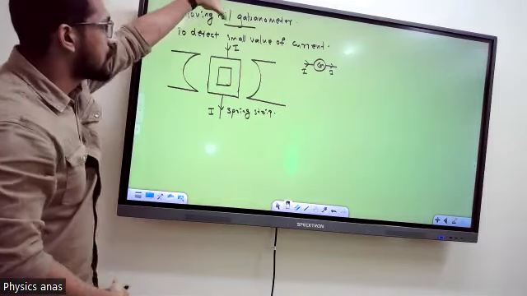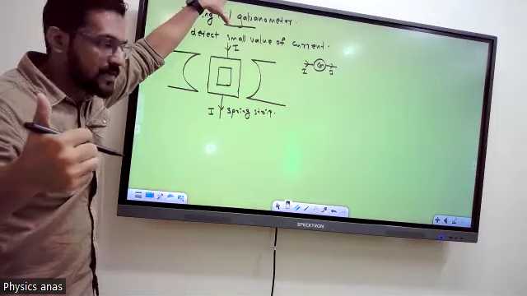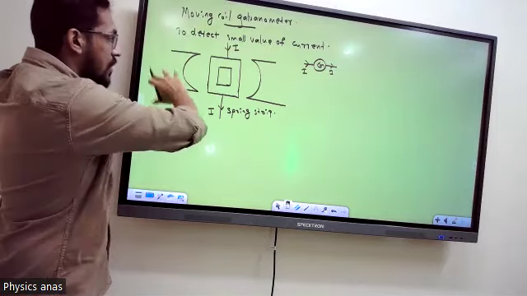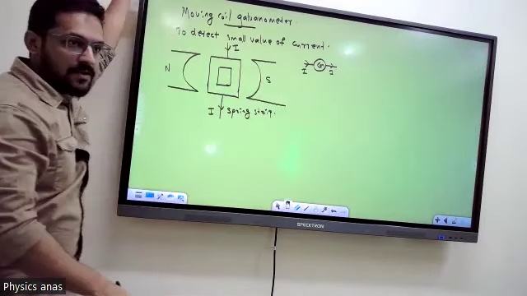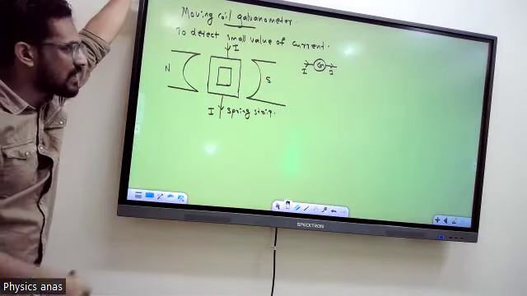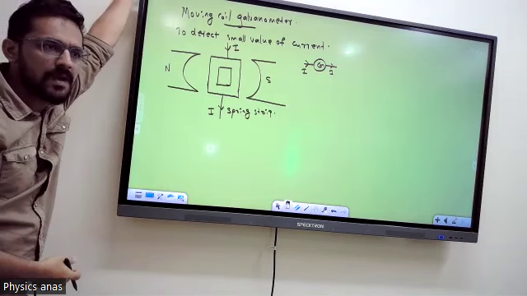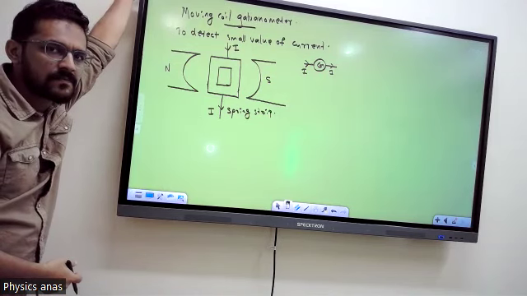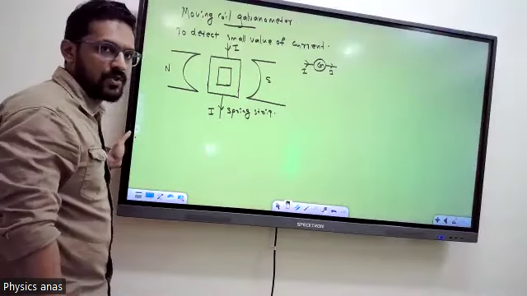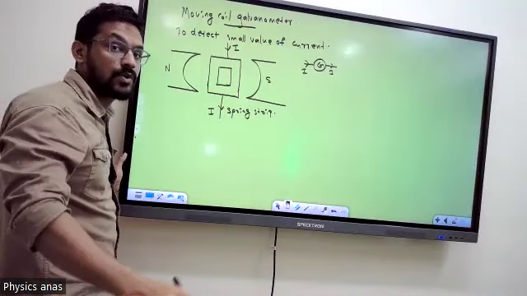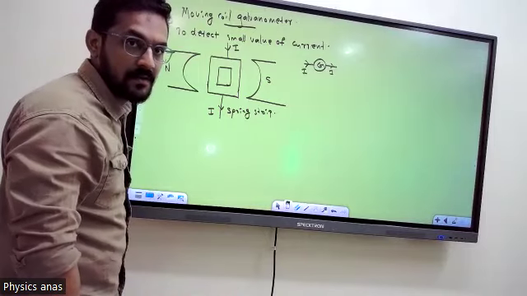A device to detect small values of current. That's the first one. Then these are concave shaped permanent magnets. What is the use of concave shaped permanent magnets? To direct the magnetic field perpendicular to the coil at all points.